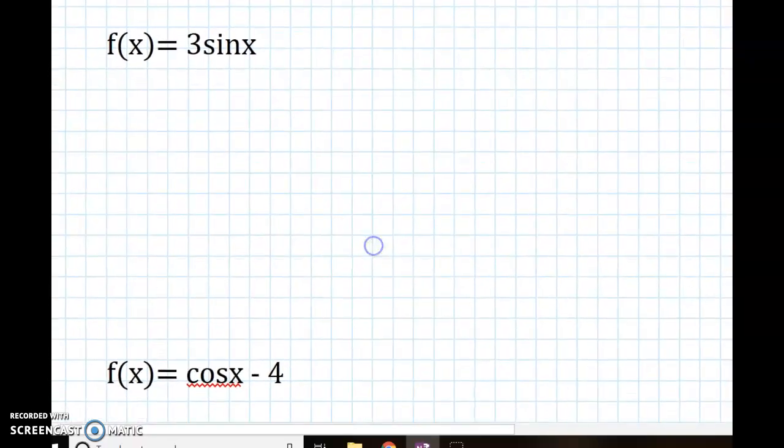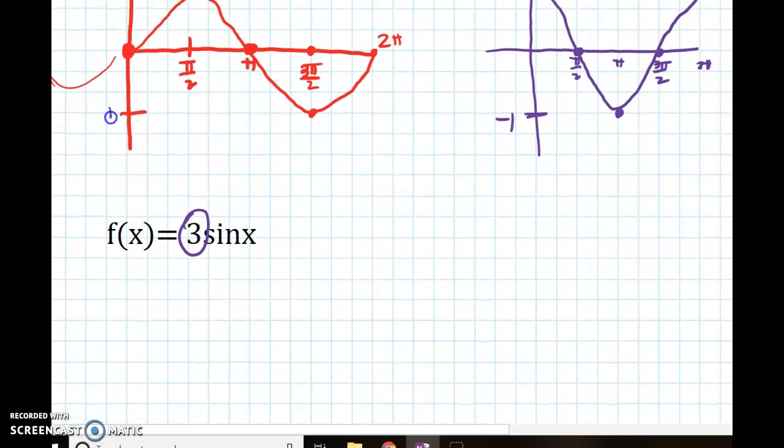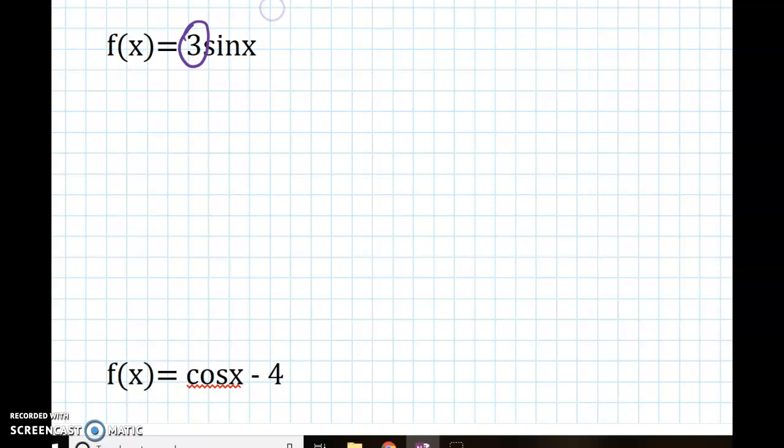Now, this represents the change in amplitude, this 3 multiplied out front, which basically says instead of my y values maxing out at 1 or being a minimum at -1, it's going to be 3 and -3. So when you graph this, it's actually very similar to how you graph the normal one.